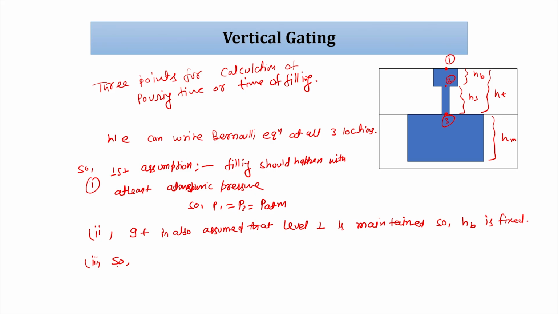If your HB is fixed, level 1 is fixed, what will happen? If you are maintaining the level, the velocity at level 1 is 0. Any doubt? What are we assuming? First, the condition of top filling: the minimum pressure should be atmospheric, filling should not be below atmosphere.